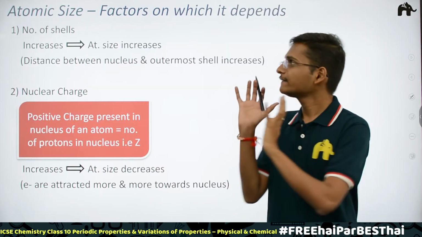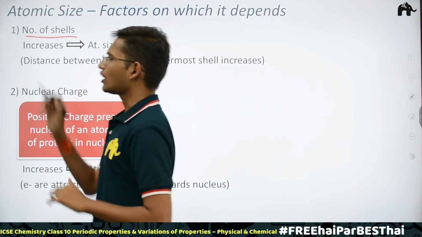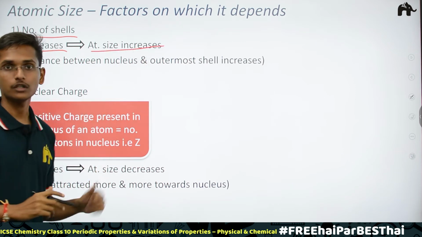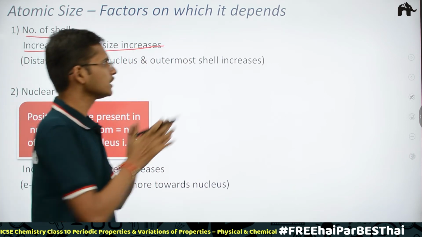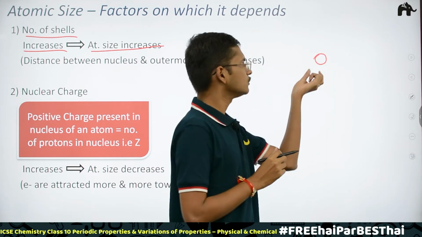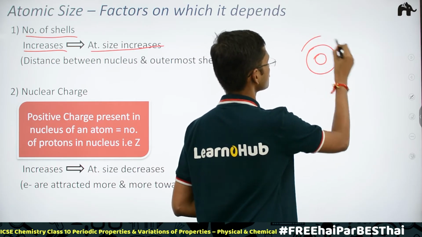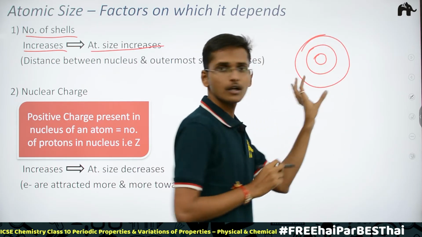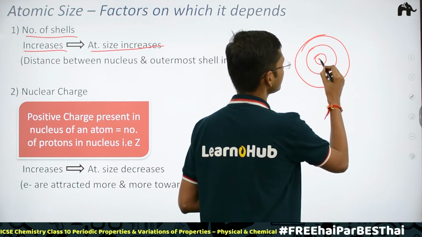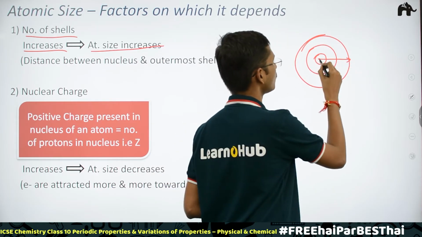Now let's see the factors on which atomic size depends. First is the number of shells. When the number of shells increases, atomic size increases. How? Suppose I take a very tiny nucleus with a first shell and a second shell. The atomic radius is the distance from the center of the nucleus to the outermost shell of the atom.